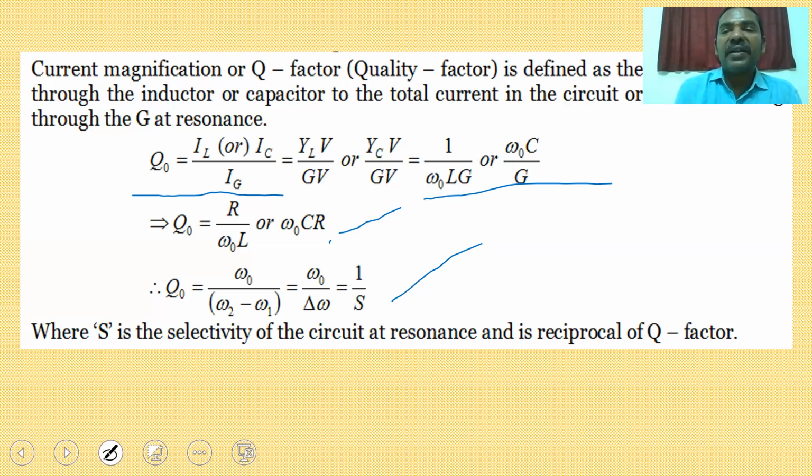So quality factor is L omega naught by R or 1 by C omega naught R. The quality factor and your selectivity must be balanced to maintain good quality factor as well as good selectivity of the circuit. You can get the relation as inversely proportional, so you have to balance it. So these are the main concepts of the RLC series circuit and RLC parallel circuits.